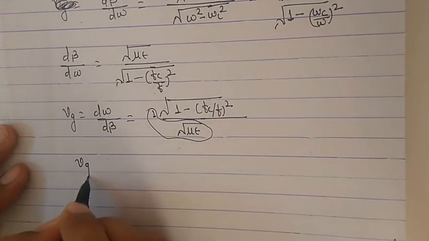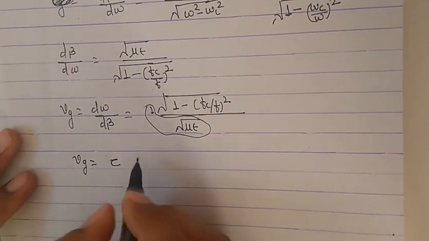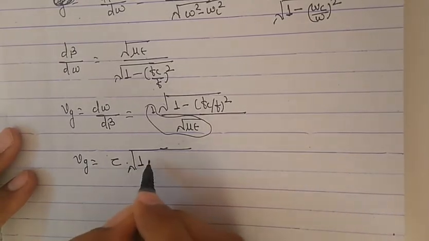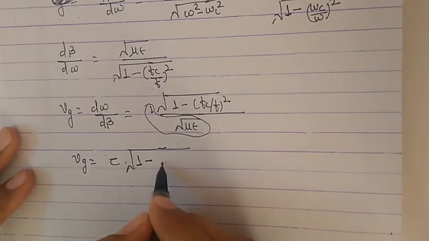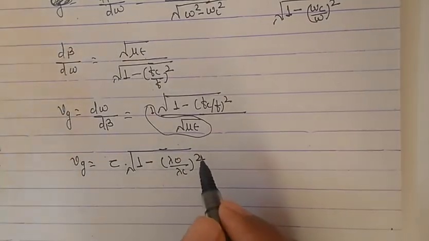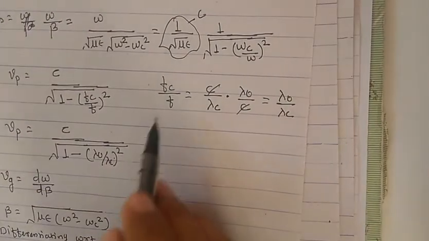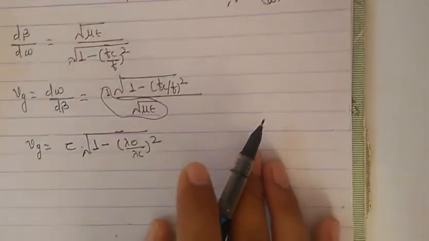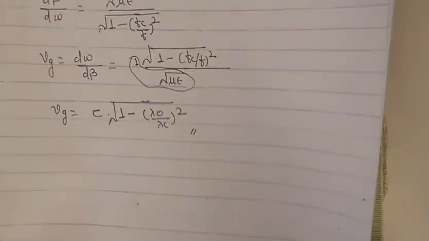So Vg is equal to c into under root of 1 minus, where fc by f you have just replaced by lambda 0 by lambda c square. So this is the expression for group velocity.